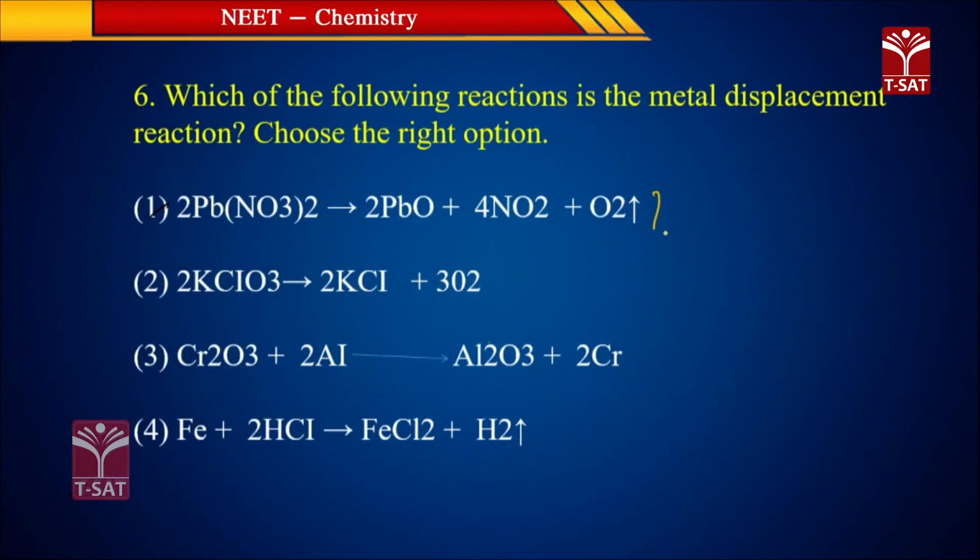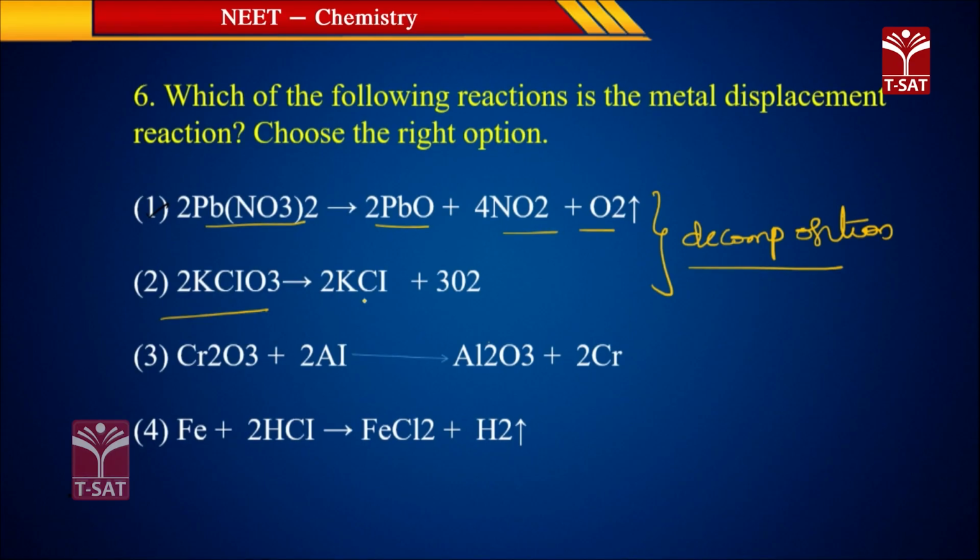And next, which of the following reactions is the metal displacement reaction? Choose the right option. The first and second options are decomposition reactions, not displacement reactions, because PbNO3 is decomposed to PbO and NO2, and KClO3 is decomposed to KCl and O2.